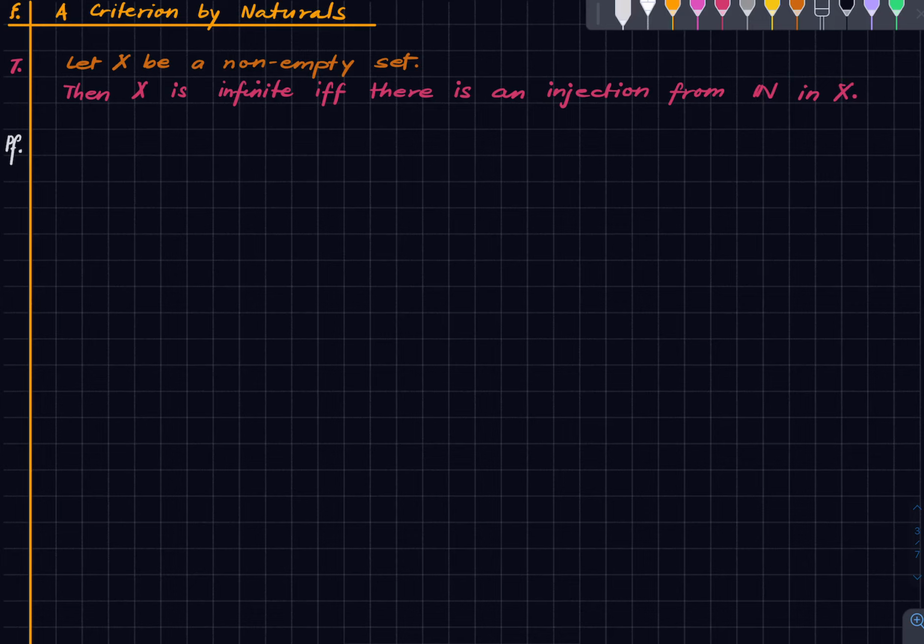We will start with an infinite set and show that there is an injection from the set of naturals into the set X. So I want to show that there is an injection from naturals into X. All right, this is what we want to do.